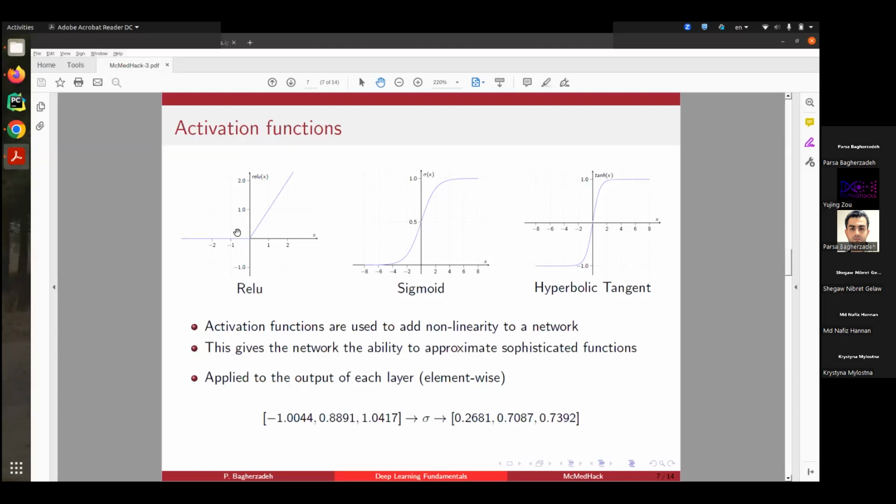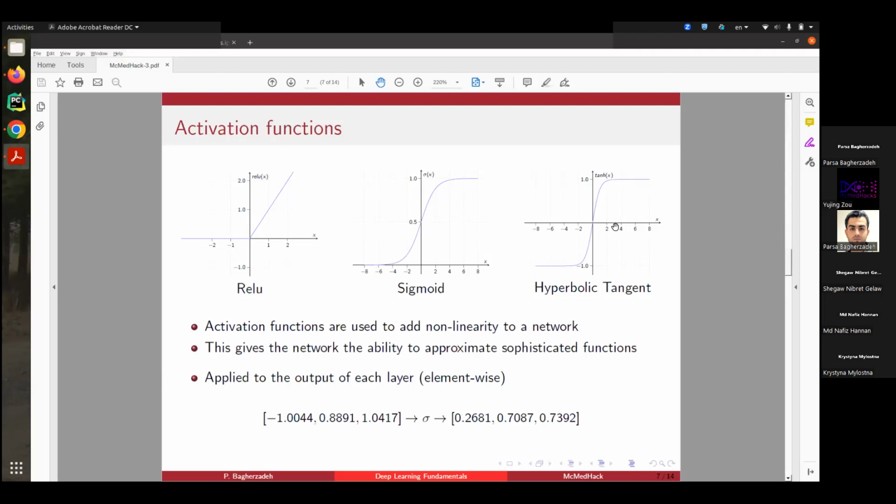Okay, this is not the set of all activation functions that exist out there, but these three are the most common and the most widely used. So we have hyperbolic tangent. Hyperbolic tangent squashes or maps its input.